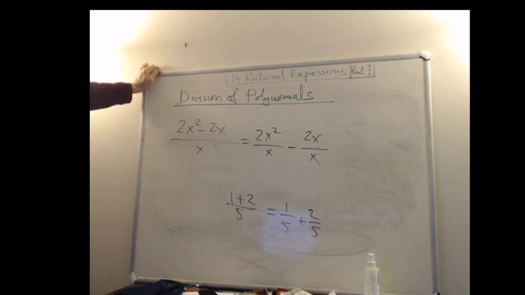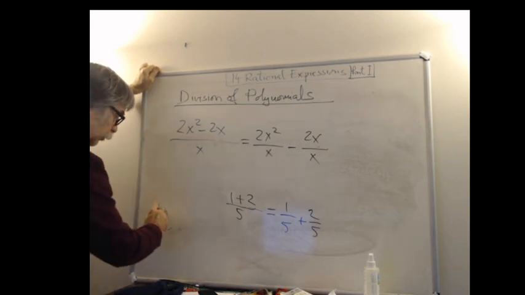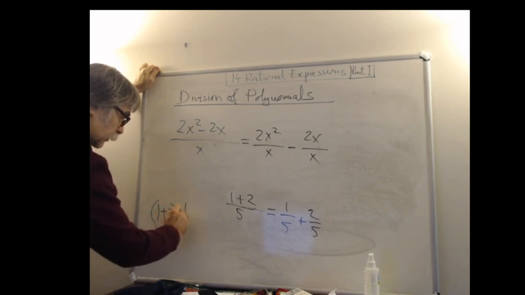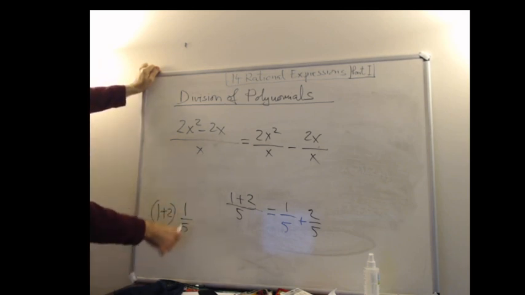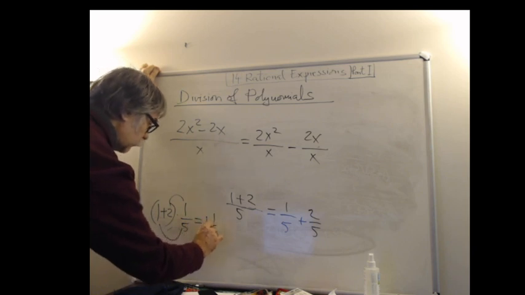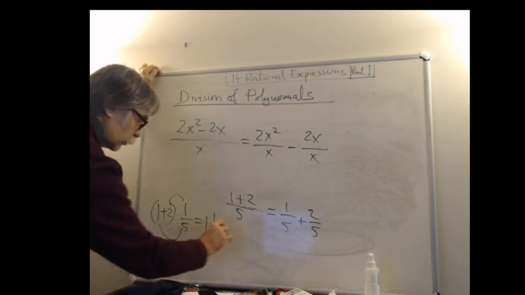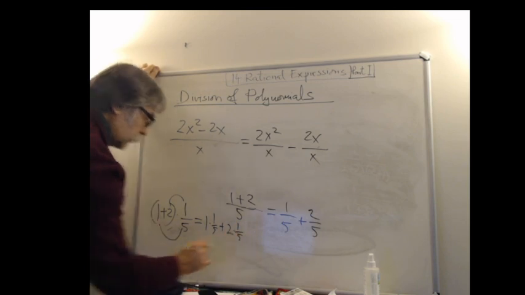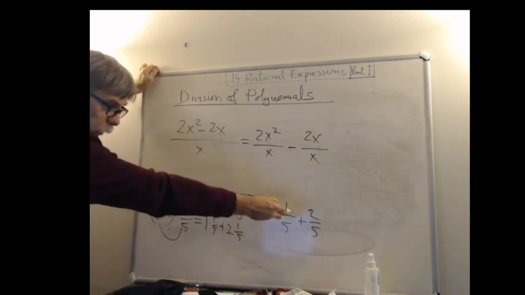Okay? How is that distributivity? Well, this is it. 1 plus 2 times 1/5. That's 3/5. 3 times 1/5. Distributivity. You multiply this one by this, and this one times this. So you get 1 times 1/5 plus 2 times 1/5, which is 1/5 and 2/5, right there.